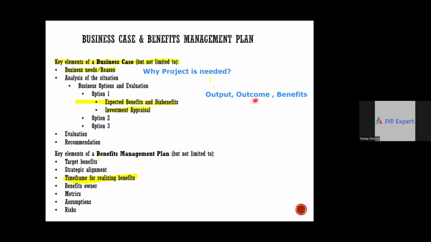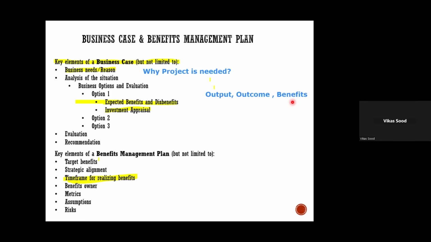The measurable, quantifiable value of that outcome is a benefit. For example, reduction in wastage by 15% or $5 million annually is a benefit. So, guys, is the difference between output, outcome, and benefit clear to all of you?